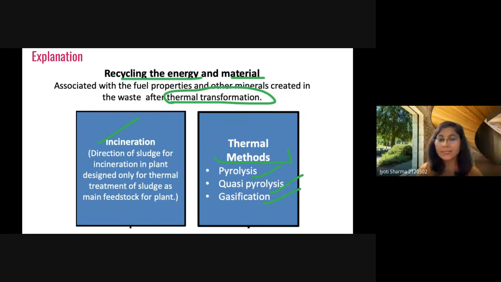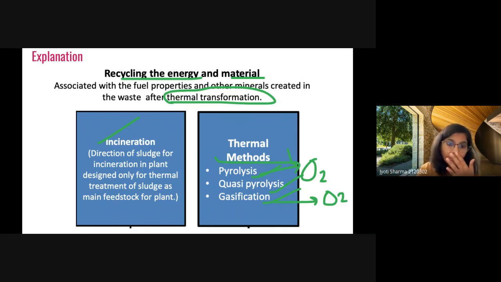Pyrolysis is, in the absence of oxygen, we are doing the combustion, or degrading, or decomposing the sludge. Gasification is where we partially give oxygen, not 100%, and we give temperature so that it can transform and give us some energy and some gases.